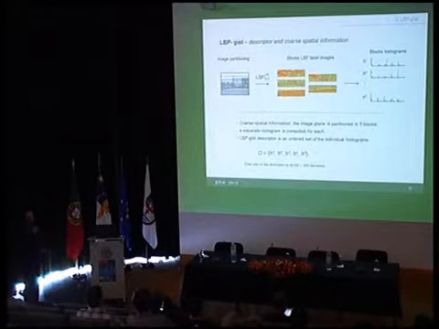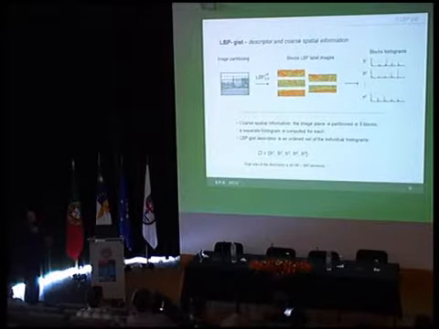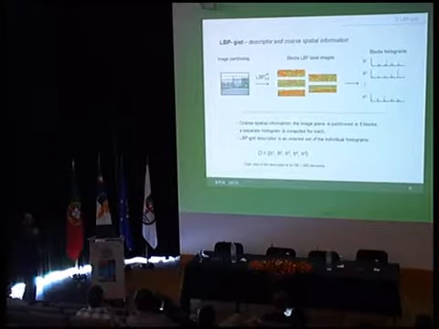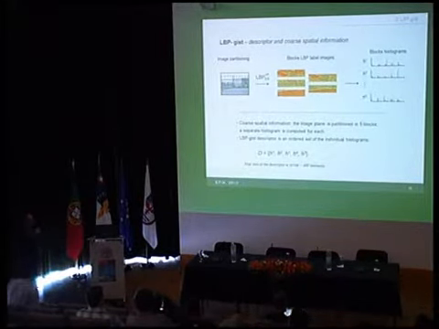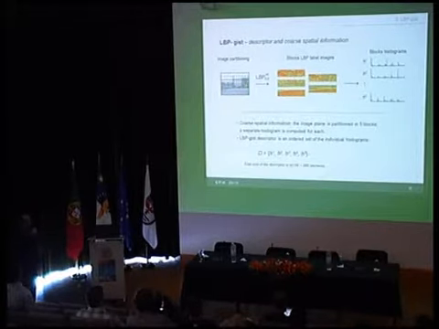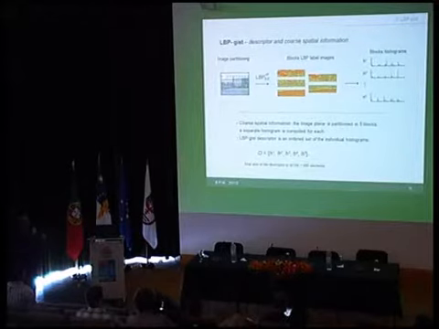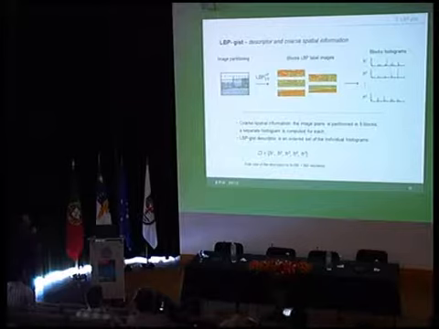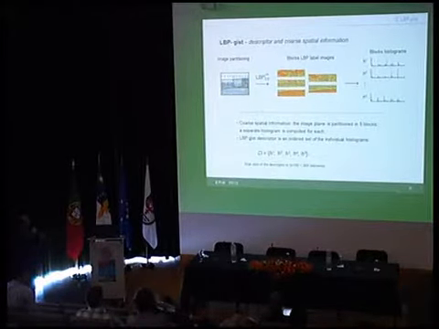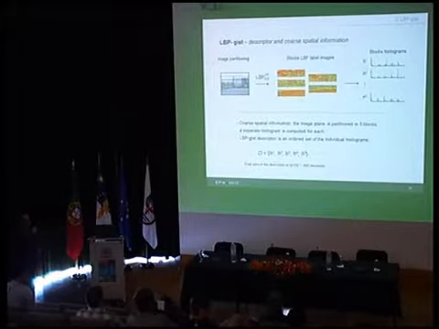In LBP GIST, we also use concepts from GIST. That is, we want to extract some spatial content in the image, and for that purpose, we apply a fixed partition of 5 blocks. We have these 3 horizontal blocks which are non-overlapping, and then we also define 2 overlapping blocks defined by those blue lines.